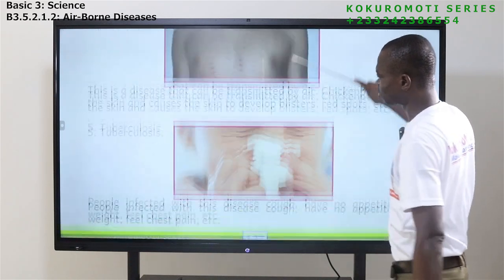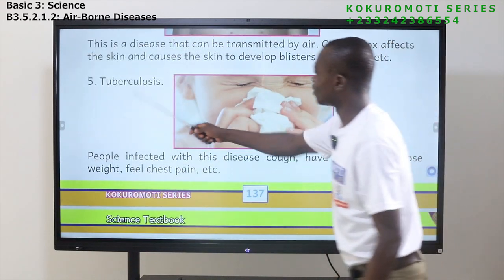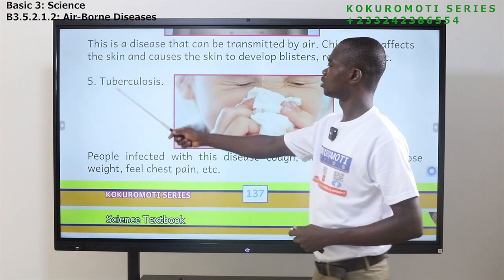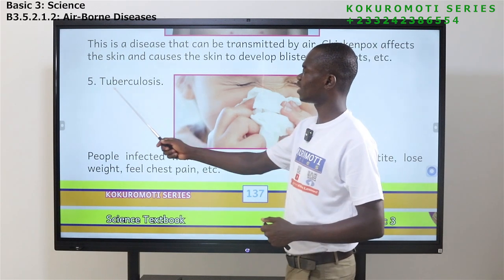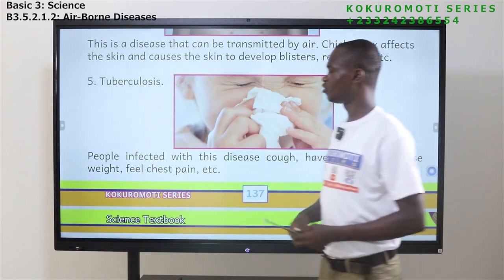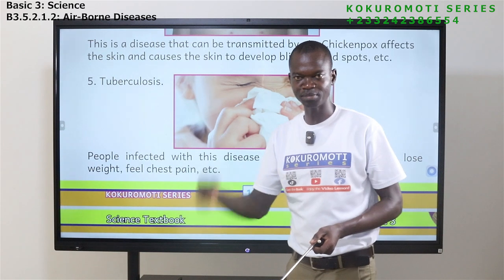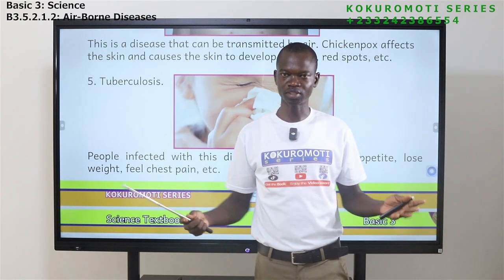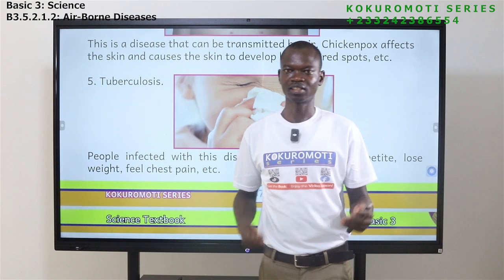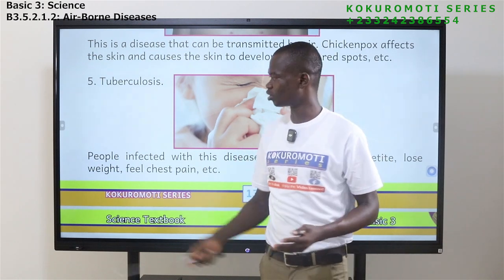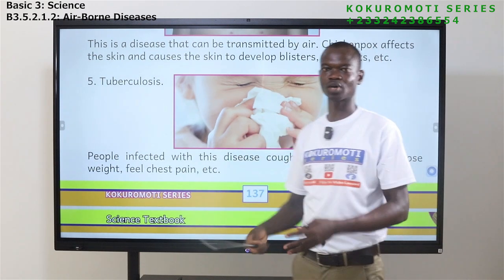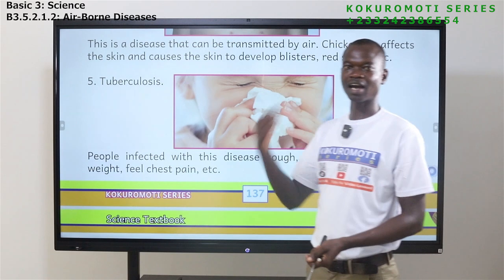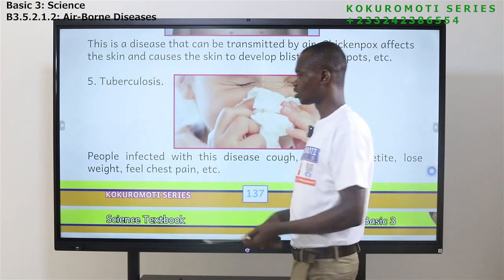Let's move on to the next one. Tuberculosis. If you have heard about TB, it is the same as tuberculosis. TB is the short form. And it is an airborne disease.